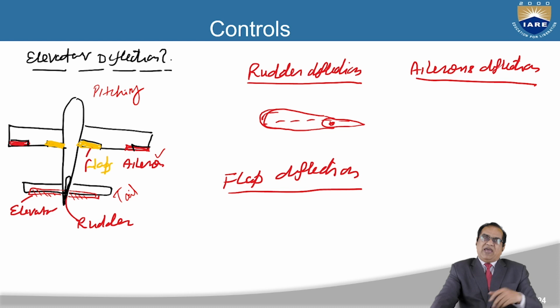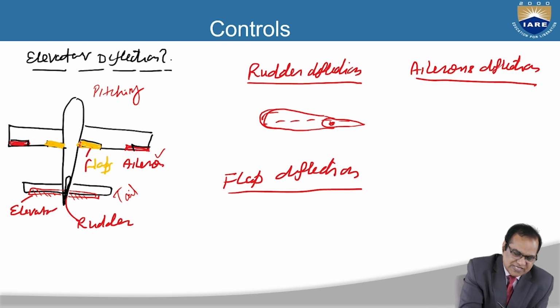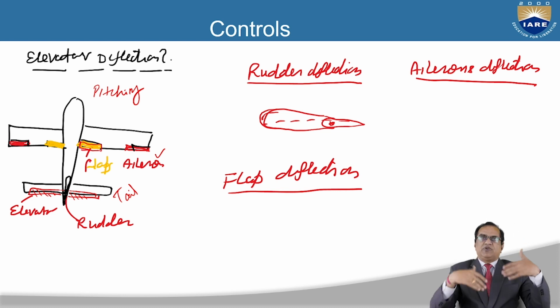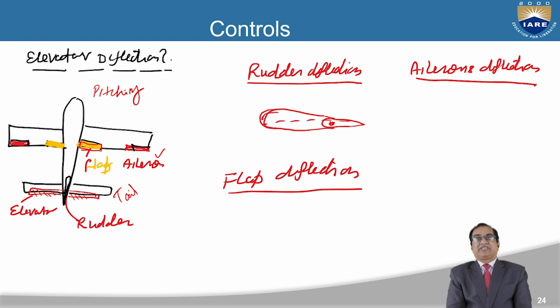We also use the flaps. These flaps are used here. You can see them here, shown in yellow color. These flaps are used especially to increase the lift during takeoff, and during landing they have to increase the lift as well as the drag.